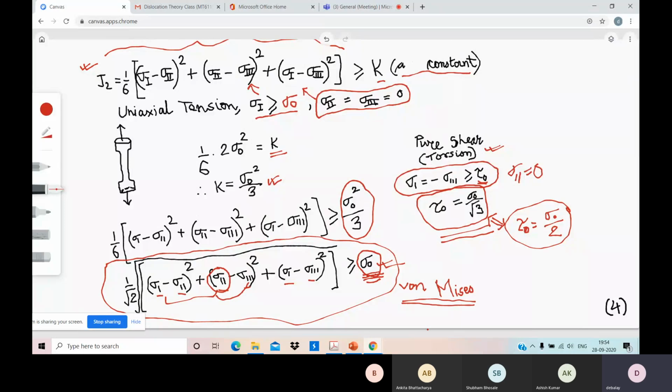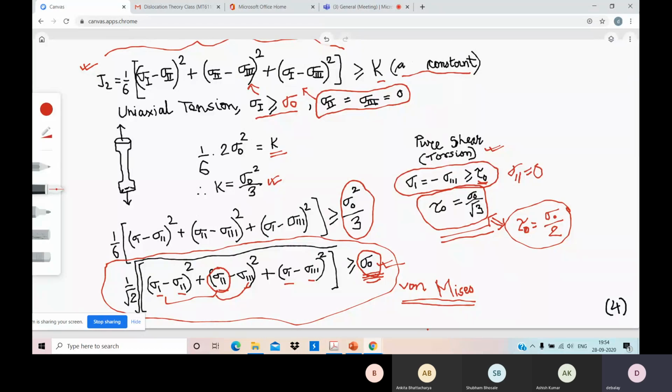So Tresca is less accurate, von Mises is more accurate. But Tresca also has a good thing, that Tresca is very simple. You need not do any mathematics, just verbally by thinking you can tell the answer. So simplicity is the power of the Tresca criteria, whereas better accuracy is the power of the von Mises criteria.